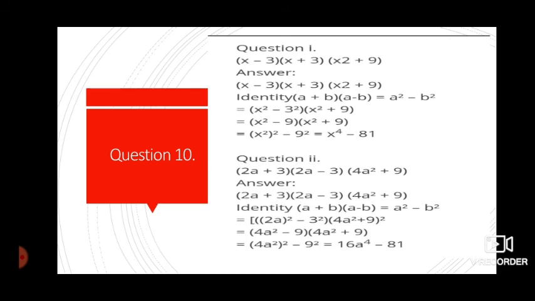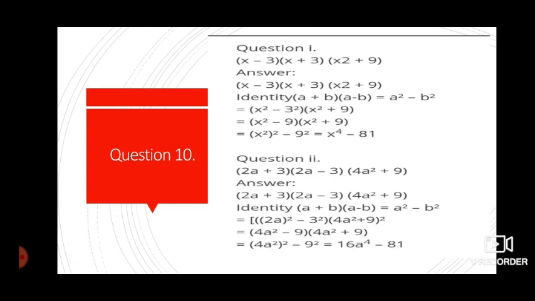So a square means (4a square) whole square, minus b square, that is 9 square, is equal to (4a square) whole square, which means that whole square is applicable for both 4 and a square. So 4 square means 4 into 4, 16. (a square) whole square means a to the power 2 into 2. So we will get a to the power 4, minus 9 square.